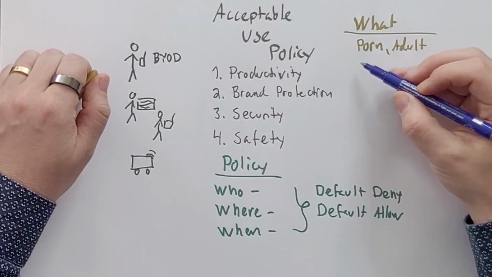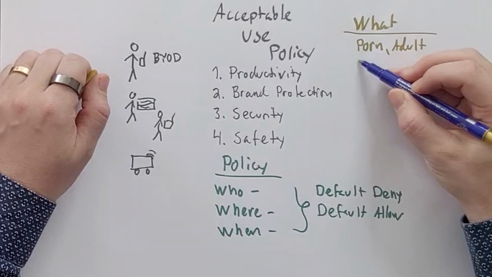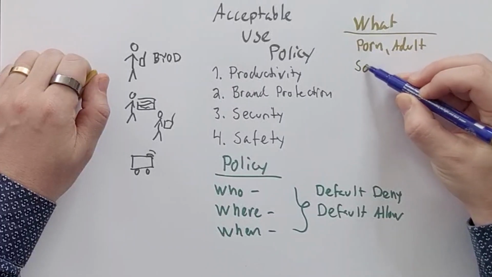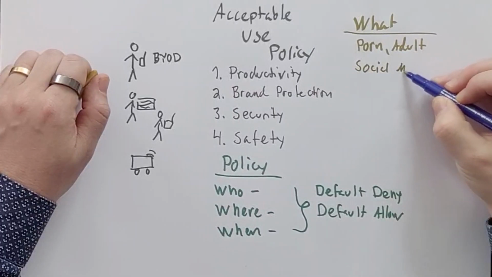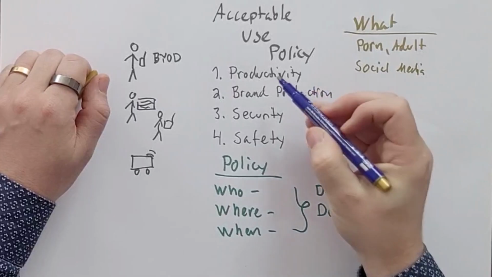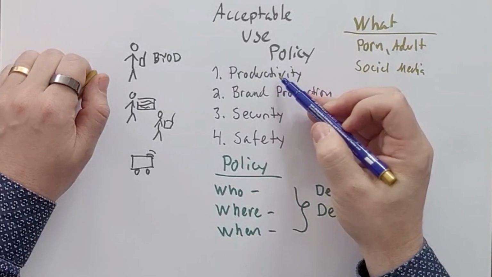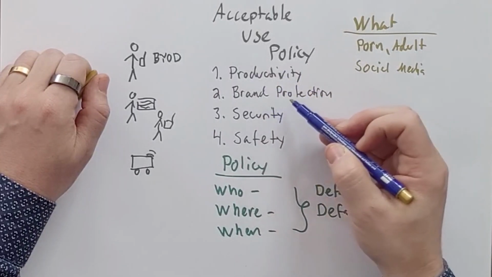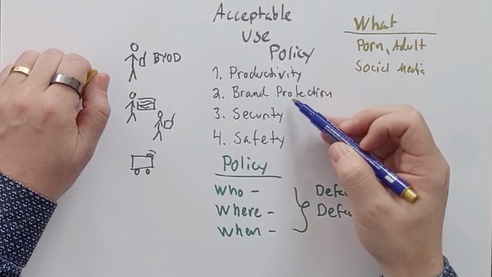Then what about something maybe a little less clear-cut? Social media. Will it interfere with productivity? Yes. Will it interfere with brand protection or your brand? Maybe. If they're uploading or writing things about you as an employer on their work time, that could definitely be going against policy.